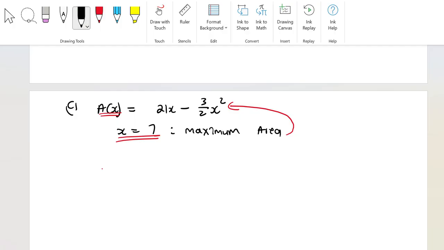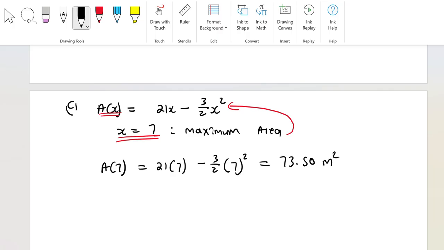So basically, I have to find A of 7, which is equal to 21 times 7 minus 3 over 2 multiplied by 7 squared. And let's see what gives us. Well, I'm going to have 21 times 7 minus 3 over 2 multiplied by 7 squared, which will give me 73.5 square meters. Remember, the units for area is square meters.